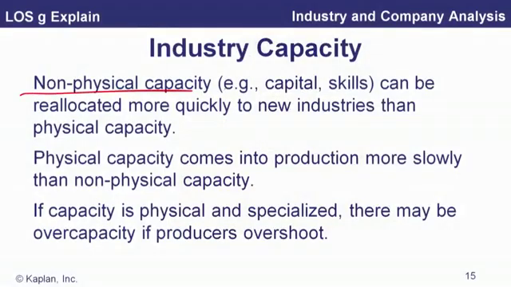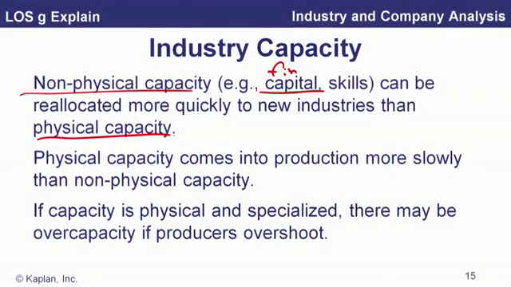If we look at non-physical assets, that is financial capital, human capital, those types of things or skills, we can redirect those really quickly compared to physical capital. So if you have a lathe, there are a number of things you can do with it, but all of them have to be associated with something that you want to make round, because that's what a lathe does.